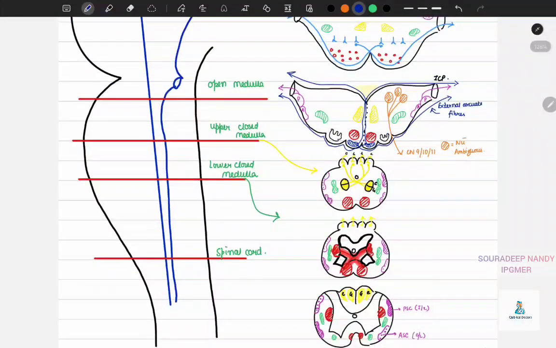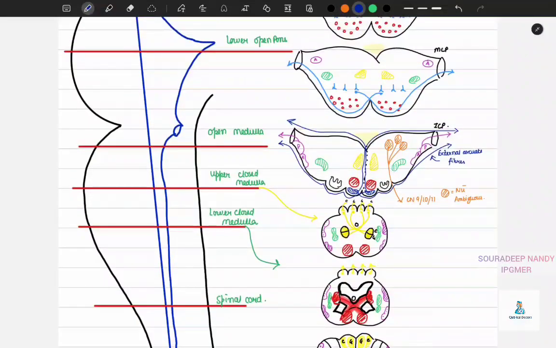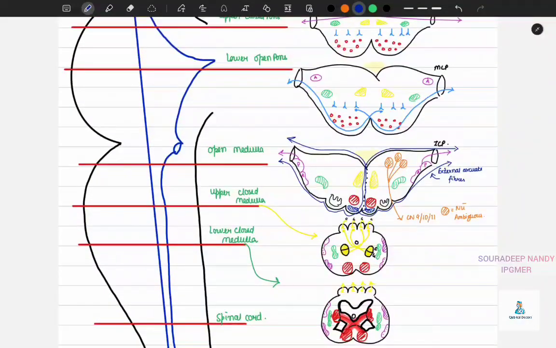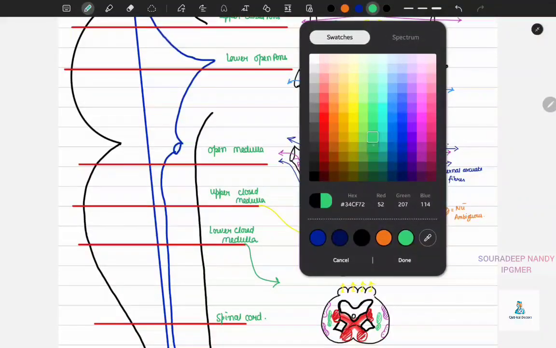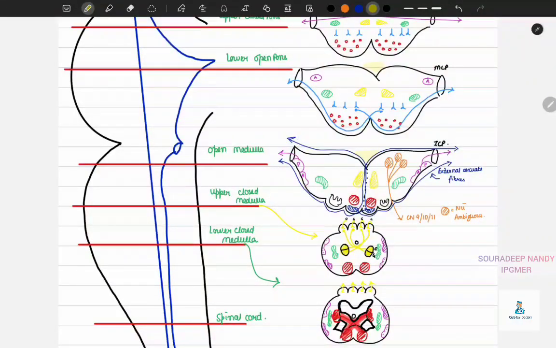These are the internal arcuate fibers. Now, from the lower open pons, there are two cranial nerves that exit.